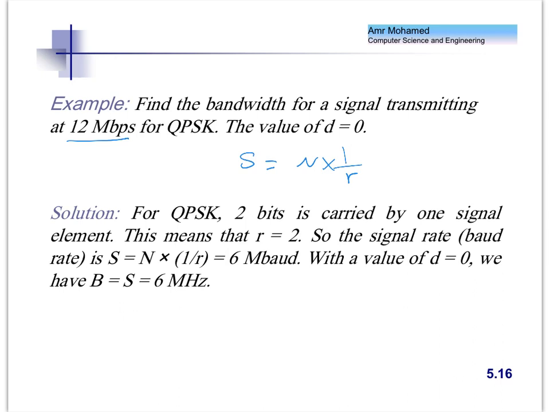R here is 2, of course, because we're talking about QPSK. For QPSK, each 2 bits will be represented by one signal element, so R is 2. So this is 6 megabaud. Okay. S is signal rate. The unit is megabaud. So simply in that case, the bandwidth is S times 1 plus D, and D is 0, so the bandwidth is equal to S.